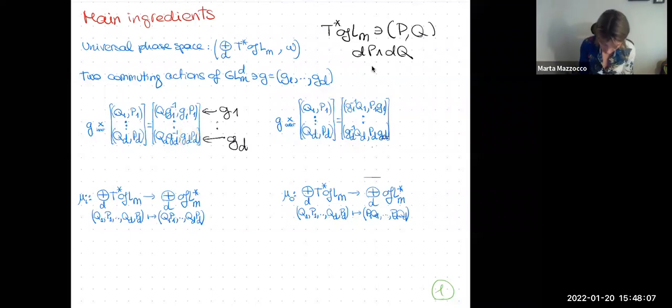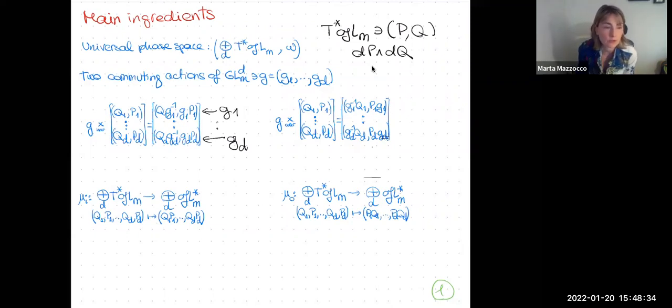So that's why I call this action inner, because the G is inside, okay? And the outer action, instead, we do the other way around. So we act with the inverse of the group element on the left of Q, and on P, we act on the right. Okay, so two different actions. It's a very simple and natural action to have on your cotangent bundle.